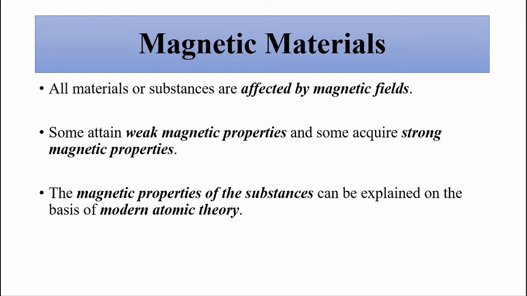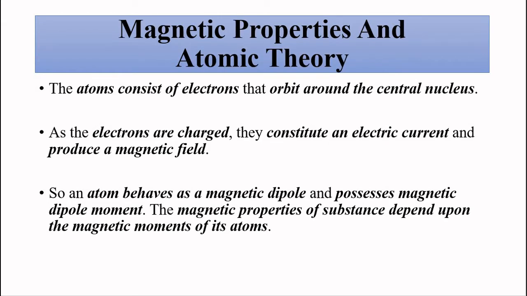Now why some get weakly magnetized, some get strongly magnetized, that can be expressed on the basis of the atomic theory. Now we have already discussed magnetic dipole, how an atom behaves as a magnetic dipole.